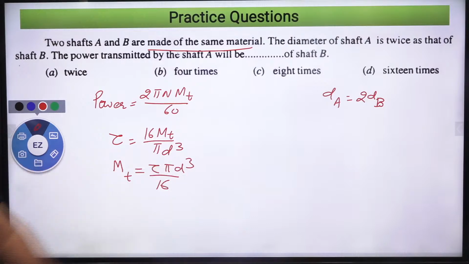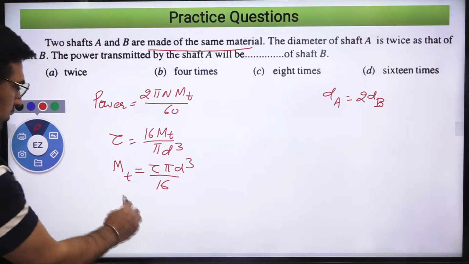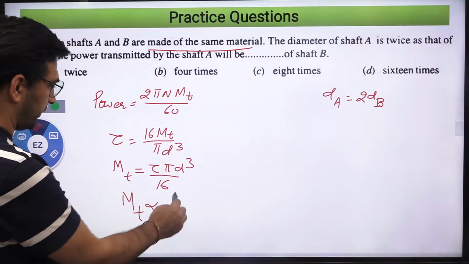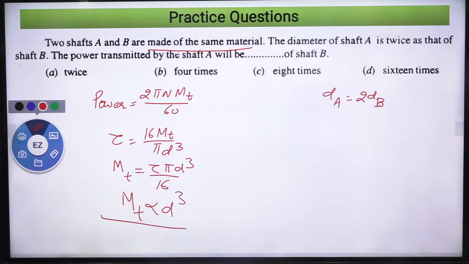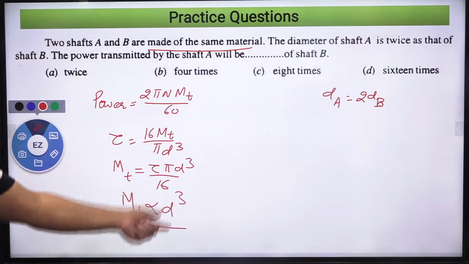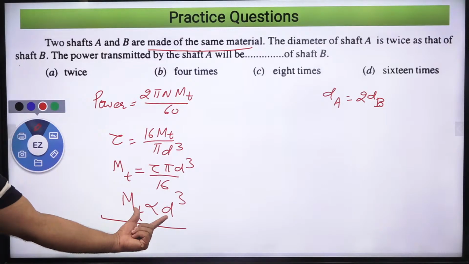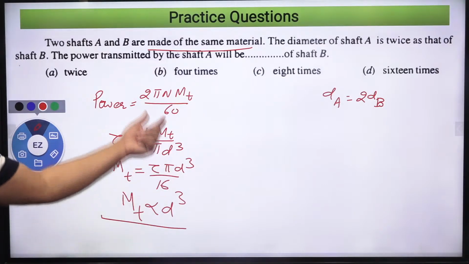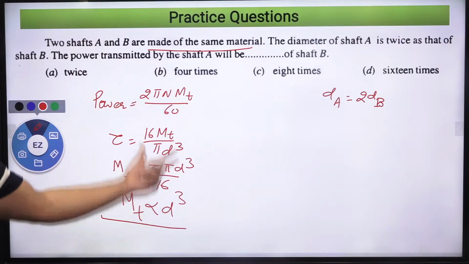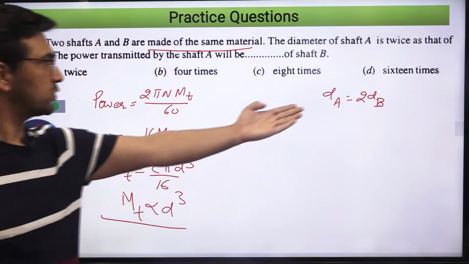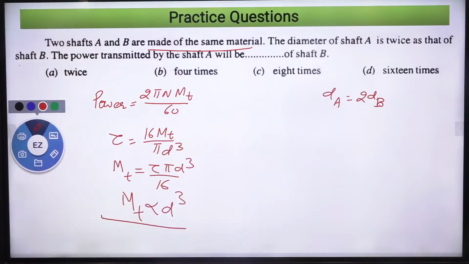If the torque value increases, then obviously power will increase. If the torque value decreases, then power will decrease. So you can compare it for these two shafts accordingly, right?